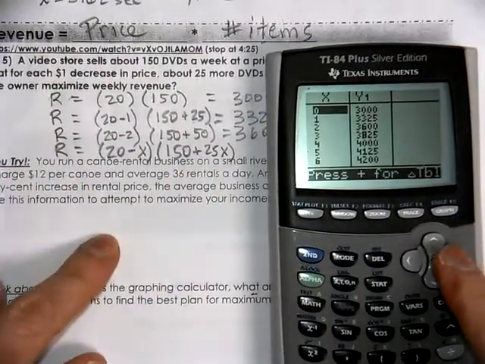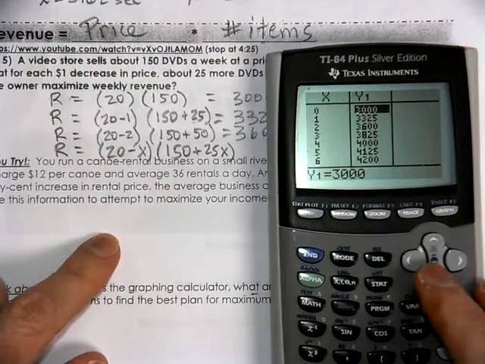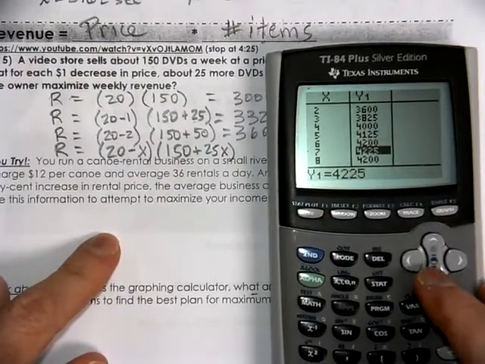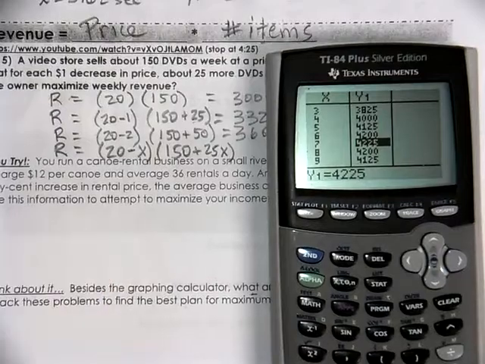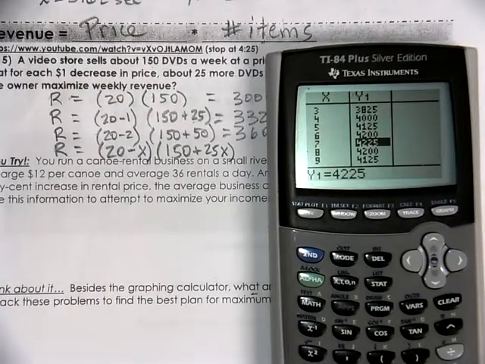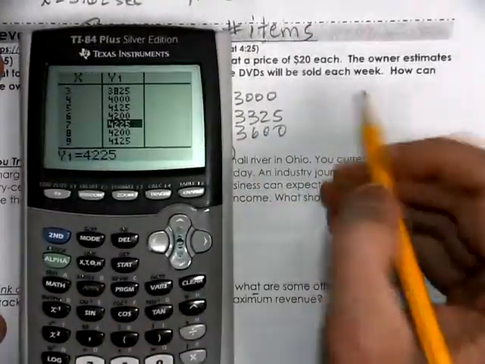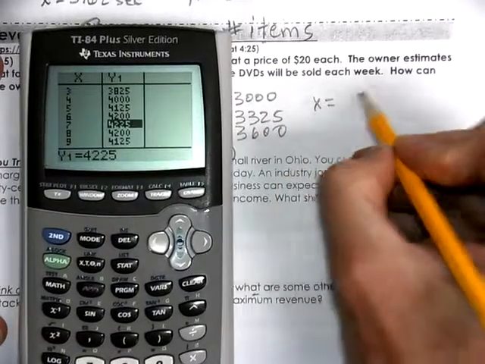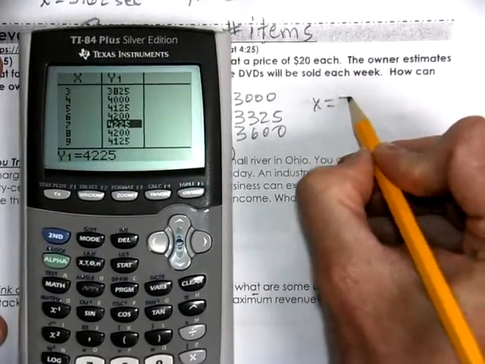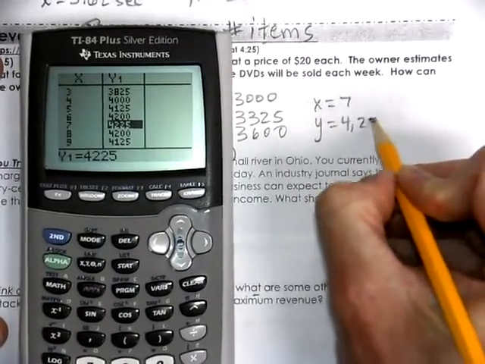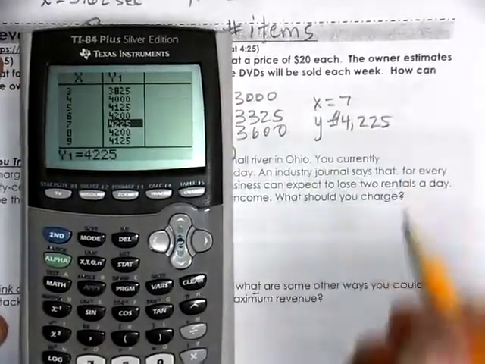In our table, we can notice that we get a maximum height right here at 4,225. When x equals 7, our y value is $4,225.